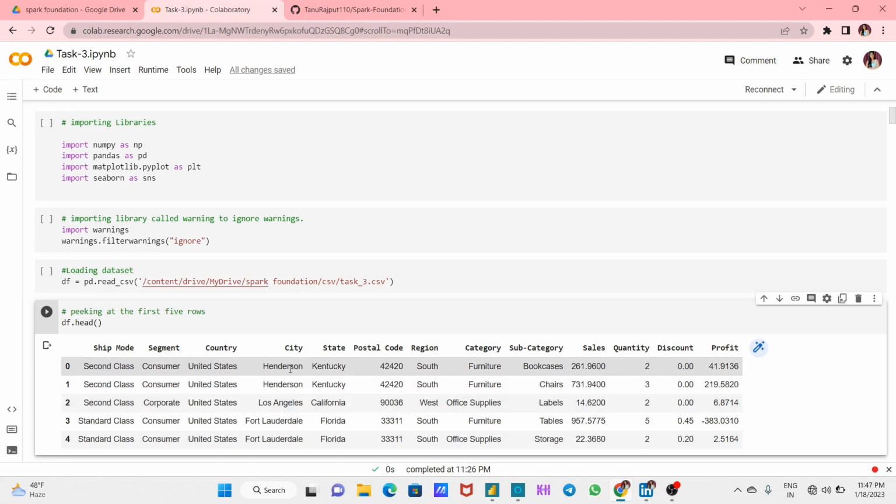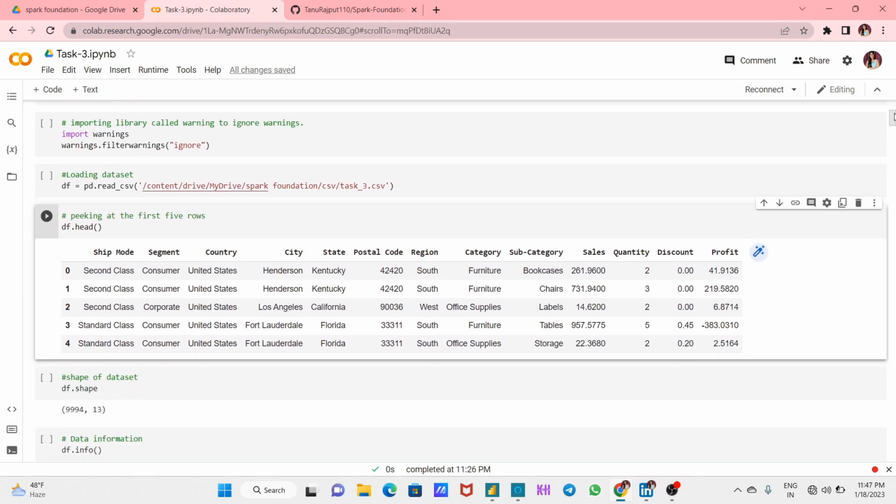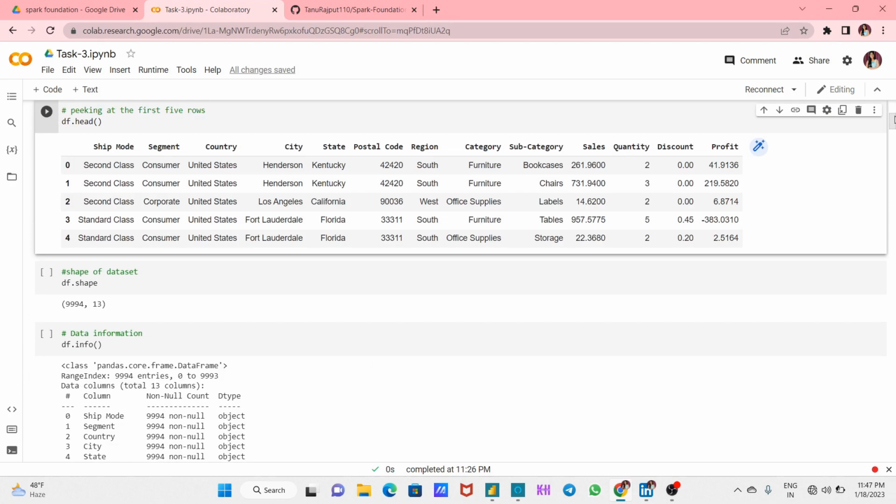And here are all the cities of the US, all the states of the US, and their postal codes, their region like southwest, east, north, and then all the categories and their subcategories, and all the sales with their quantity and also with discount and profit.